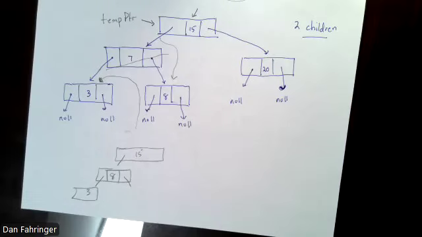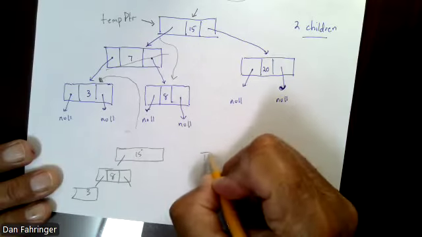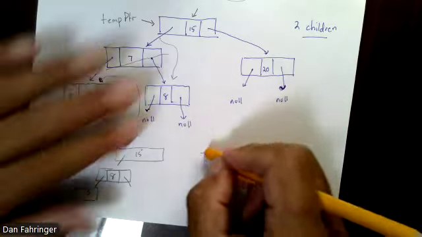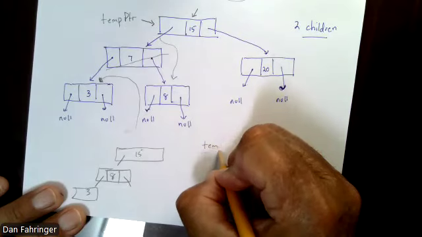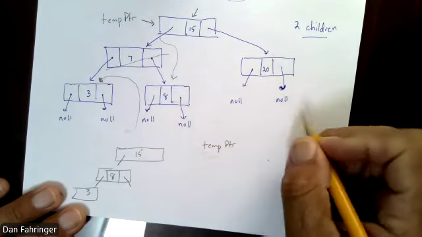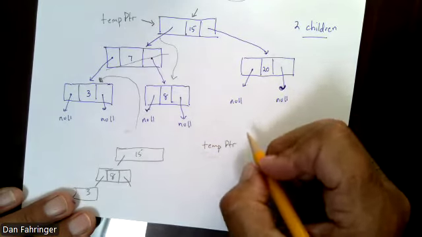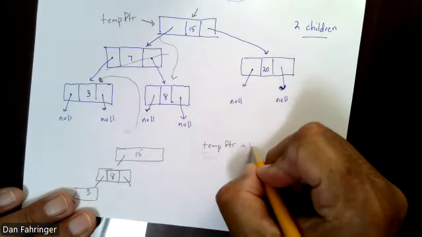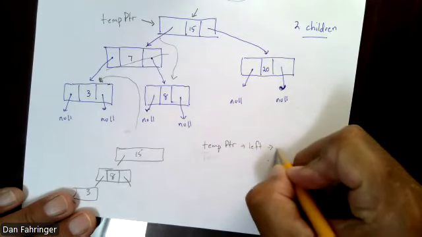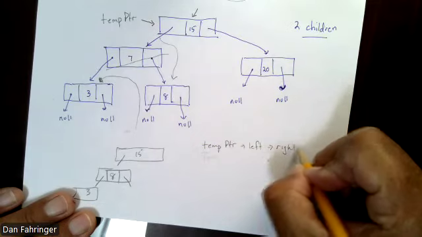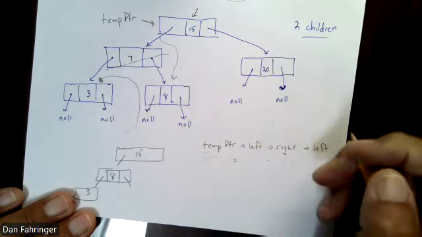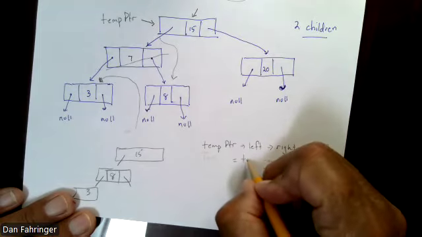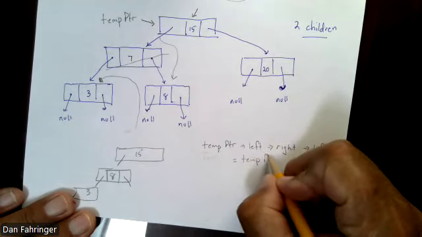Would you make, in this instance, temp pointer's left, right, left be equal to temp pointer's left, left? I'm going to write it down and then look at it. Temp pointer's left, left, right, right, left, left, equals temp pointer left, left.